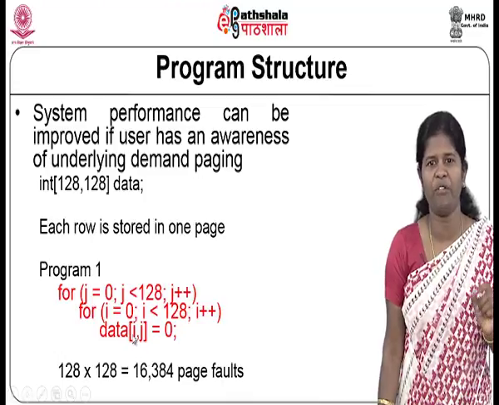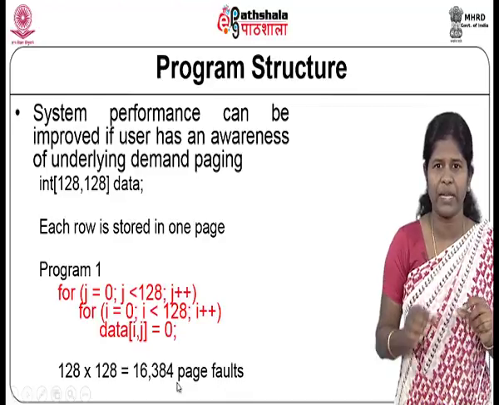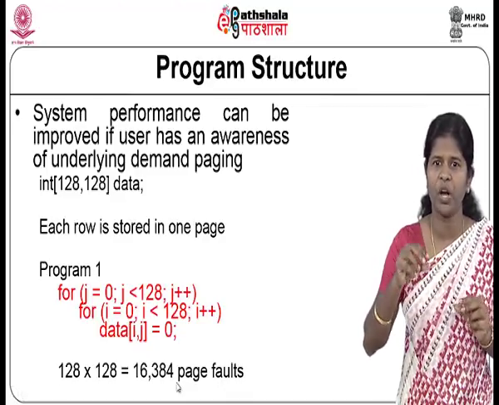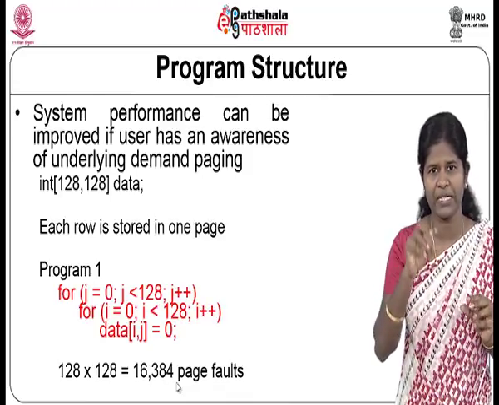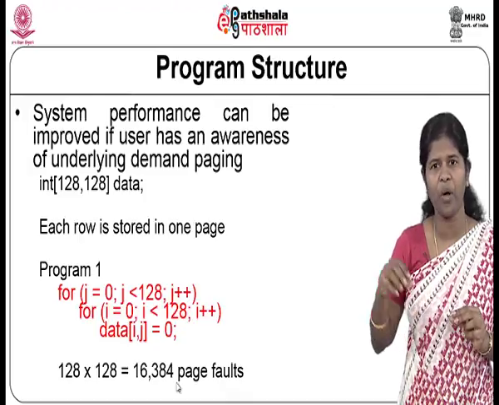So it will be data of 0 comma 0, data of 1 comma 0, data of 2 comma 0 and so on. That is, it will be referring to the first element in each of the rows: the first element in the first row, then the first element in the second row, the first element in the third row, and so on.